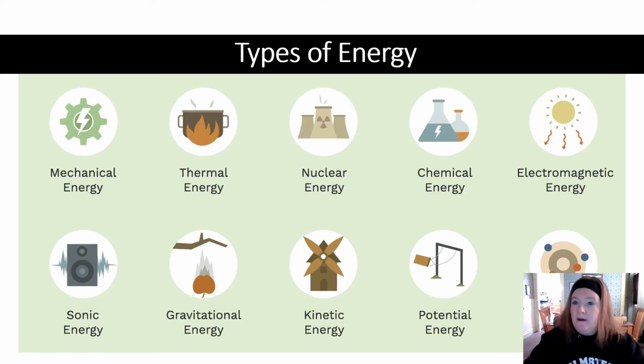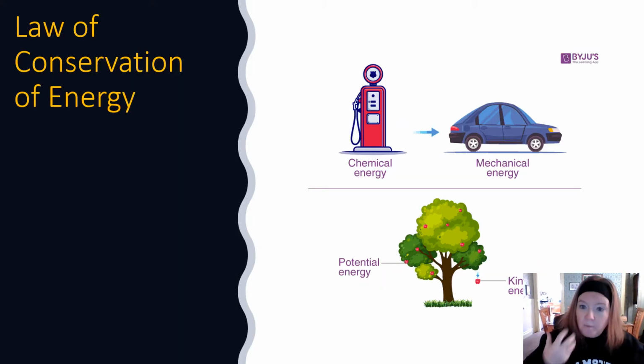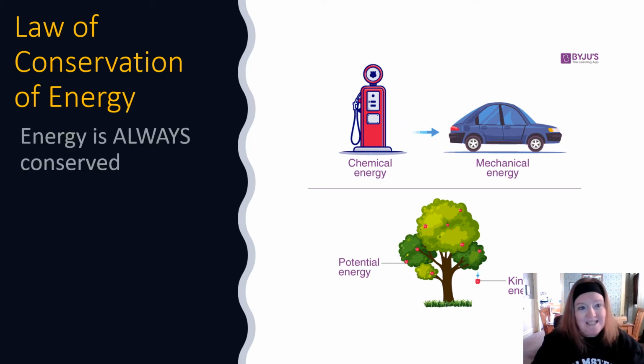All right, so there are various types of energy: mechanical, thermal, nuclear, kinetic, potential, sonic, electromagnetic, chemical, lots of types of energy. What we need to remember for sure is the law of conservation of energy, which states that energy is always conserved, hence law of conservation of energy.